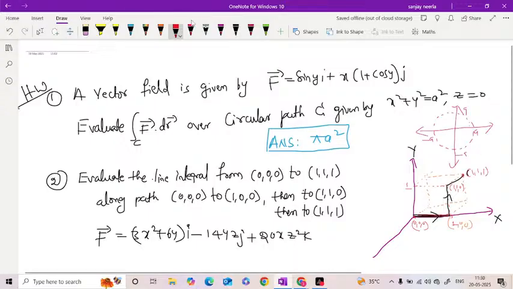That means finally here how many paths we have? Assume this is the A, and assume this is the B and C D. So total here we have 3 paths, C1, C2 and C3.